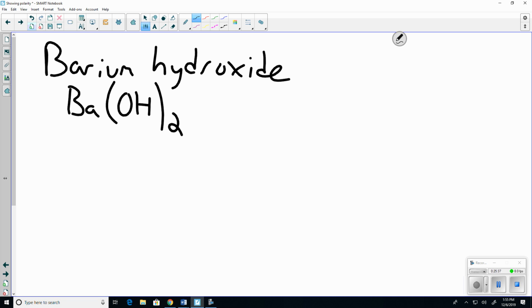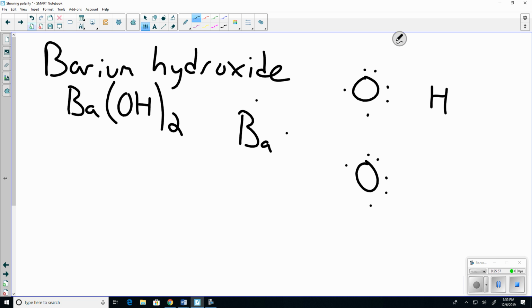Now, this one's a little bit trickier, and why I wanted to end with this. First off, barium has 2 valence electrons. Okay, I've shown all my elements. 1 barium, 2 oxygens, and 2 hydrogens.